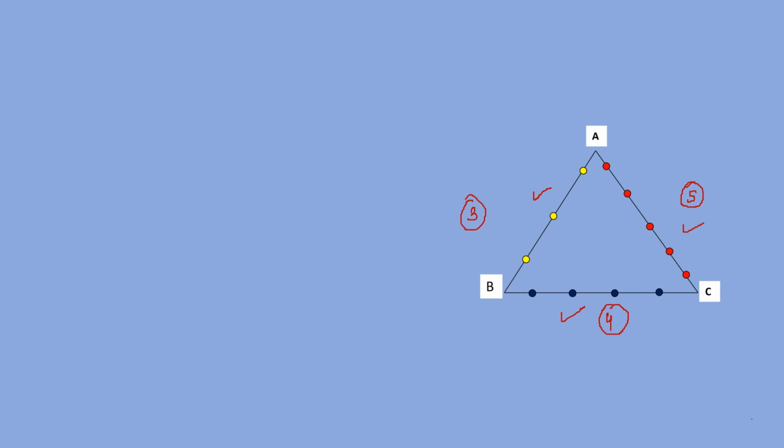So we are choosing exactly one point from the side AB. AB has 3 dots, so what are the choices? 3C1. Similarly, the side AC has 5 dots, so the choices for choosing 1 are 5C1. Similarly, the side BC has 4 dots, so the possibilities to choose exactly one point are 4C1.